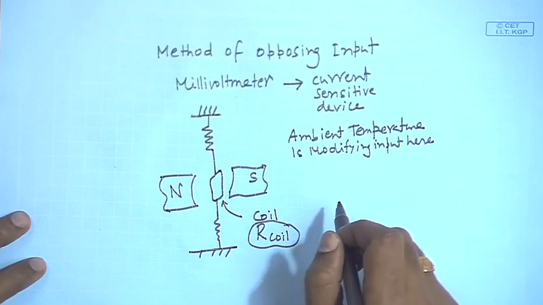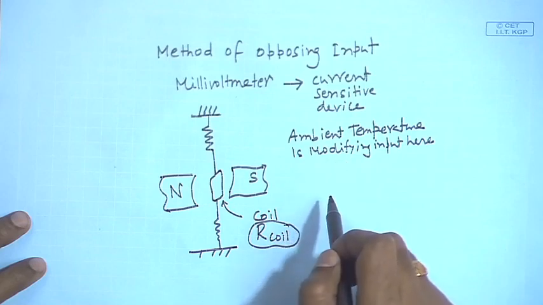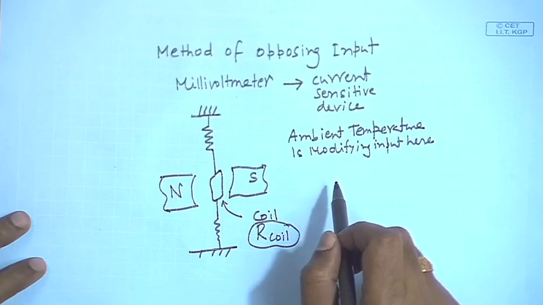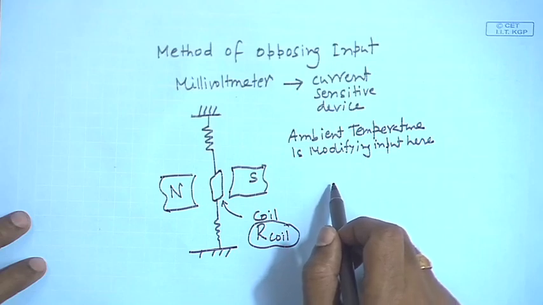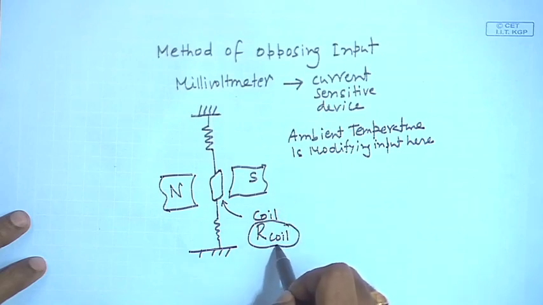So, how do I nullify the effect of ambient temperature? We can add another resistance into the circuit and its material is such that it has a temperature coefficient of resistance opposite to that of the coil.